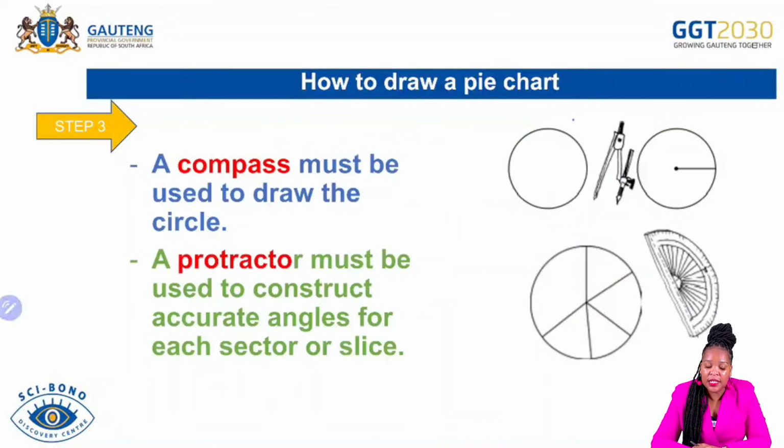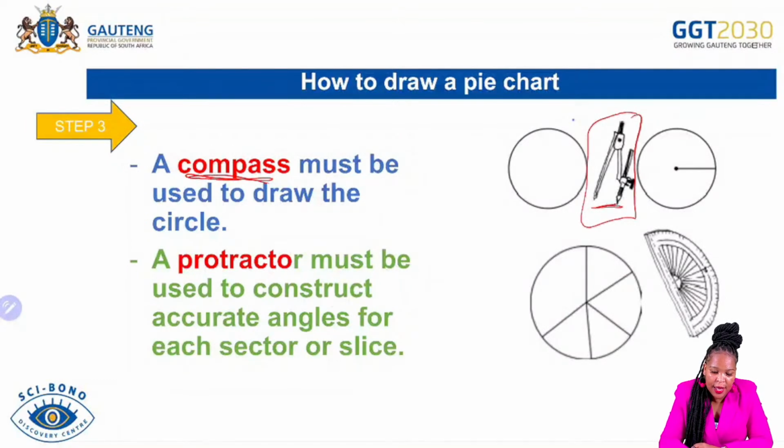So step number 3, you are now going to use a compass. If you are able to, use a compass, this instrument over here, to draw a circle. Or you can use a protractor to draw a circle. And please take note, when you use a protractor, sometimes there are spaces between here. If you take a look at this protractor here, there's a space here that is amounting to nothing.